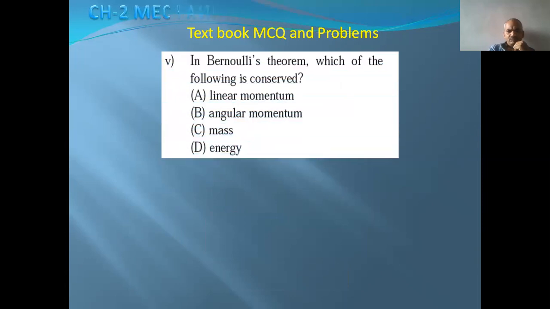Now the next MCQ, that is the fifth MCQ. In Bernoulli's theorem, which of the following is conserved? In case of Bernoulli's theorem, we know that there is a conservation of energy, because in Bernoulli's equation, we write the pressure energy plus the kinetic energy per unit volume and the potential energy per unit volume. The summation of all these energies is a constant for the given flow.